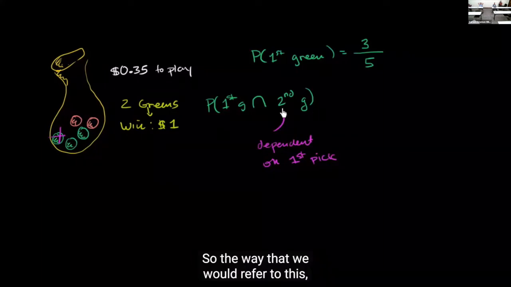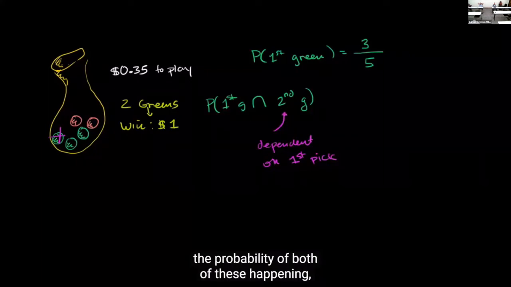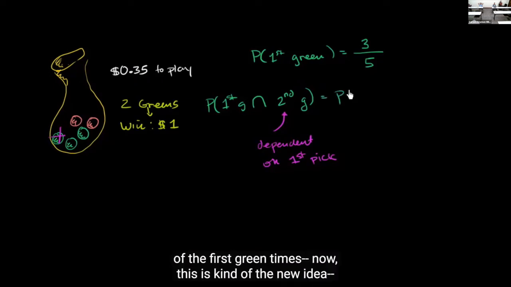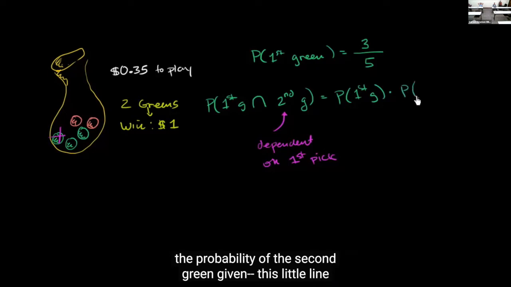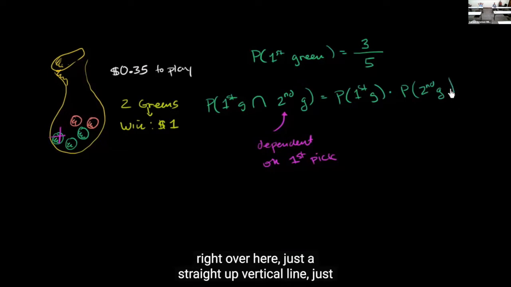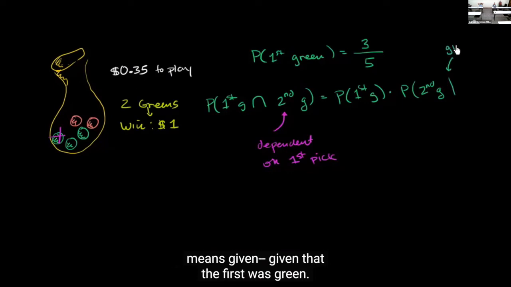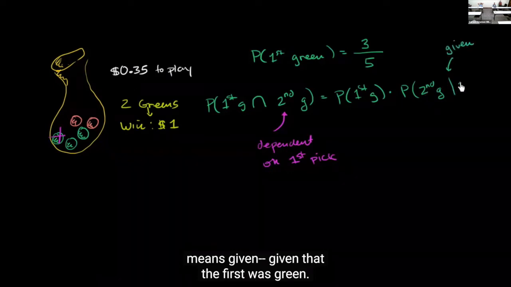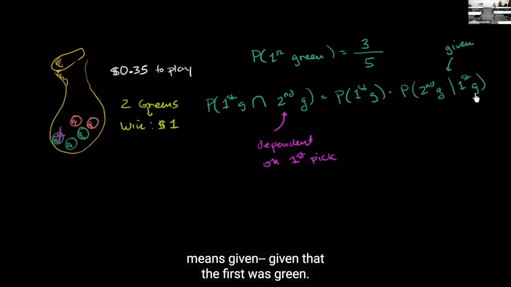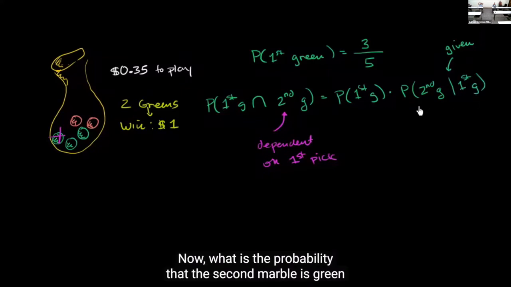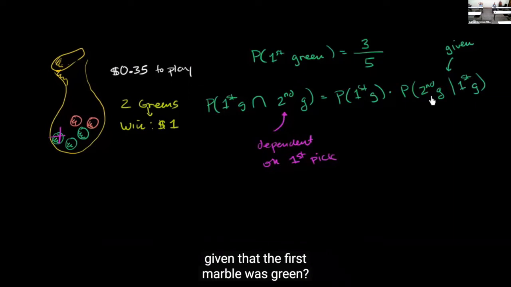So the way that we would refer to this, the probability of both of these happening, is equal to the probability of the first green, times, now this is kind of the new idea, the probability of the second green, given, and this little vertical line just means given, that the first was green. Now, what is the probability that the second marble is green, given that the first marble was green?